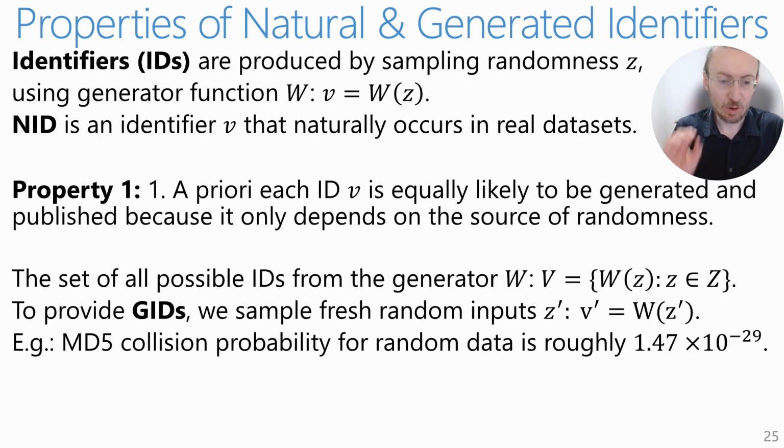So the set of all possible IDs from the generator W, which we call W upper V, is just all possible generations that we can have from the generator W. Then, if we want to generate the new identifiers, the GIDs, we simply sample fresh random inputs Z prime, generate new identifiers V prime, and these form our GIDs.